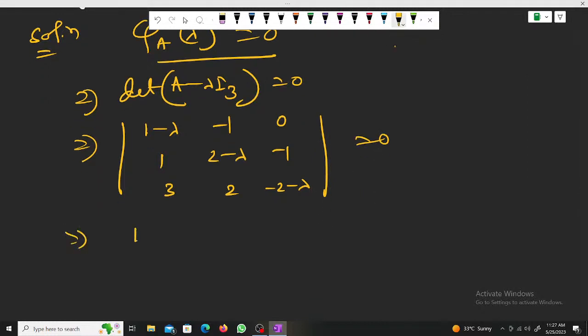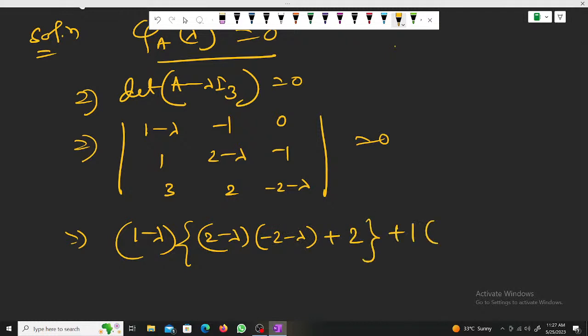Now we evaluate the determinant. Okay, 1 minus lambda into (2 minus lambda into minus 2 minus lambda, minus 2), plus 1 into (minus 2 minus lambda into 1, minus 3), plus 0 equals to 0.